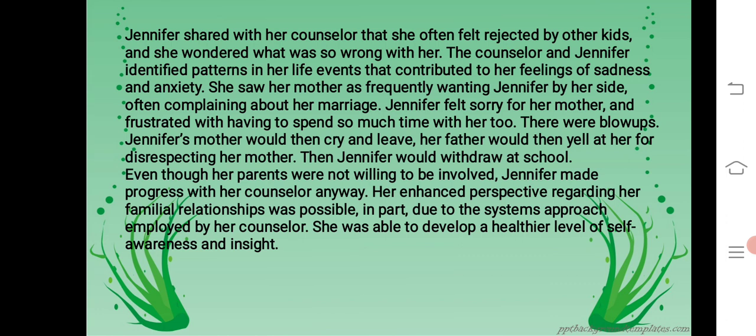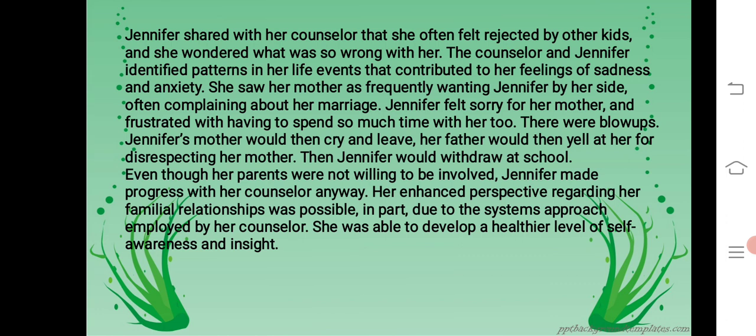Jennifer shared with her counselor that she often felt rejected by other kids, and she wondered what was so wrong with her. The counselor and Jennifer identified patterns in her life events that contributed to her feelings of sadness and anxiety. She saw her mother as frequently wanting Jennifer by her side, often complaining about her marriage.